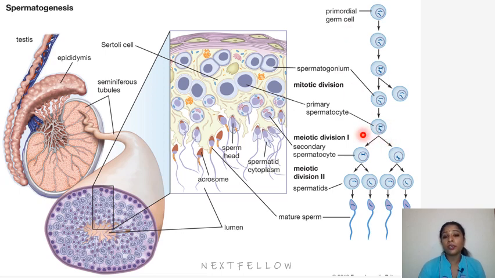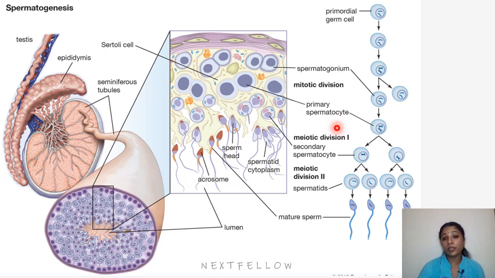Remember one thing: till the level of primary spermatocyte, only mitosis happens. The change between the primary and secondary spermatocyte is the stage of independent assortment, where we see meiosis, where the mother and father characteristics can be transferred equally to any child.